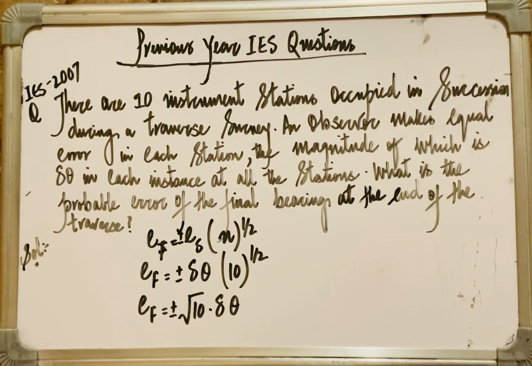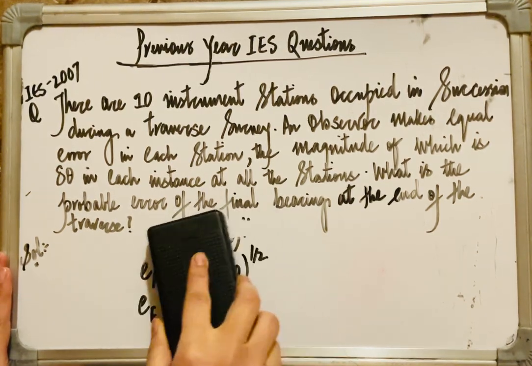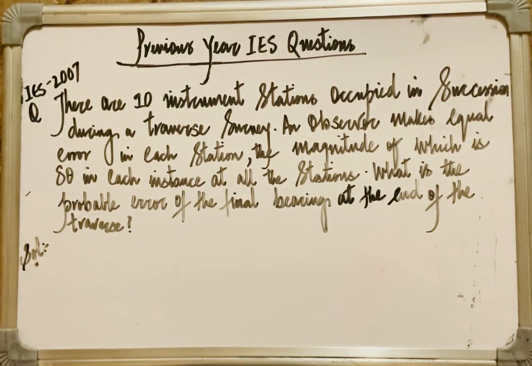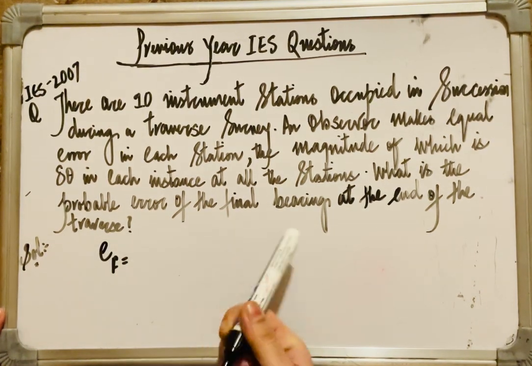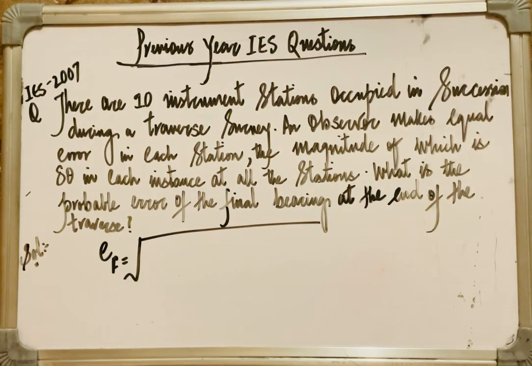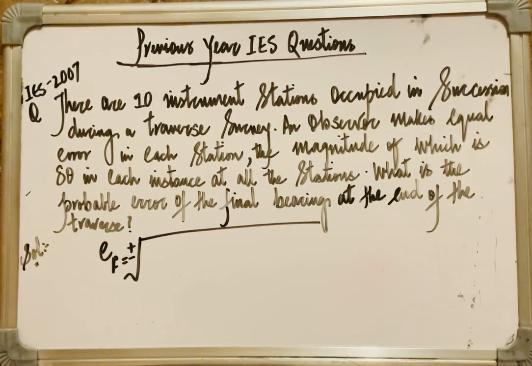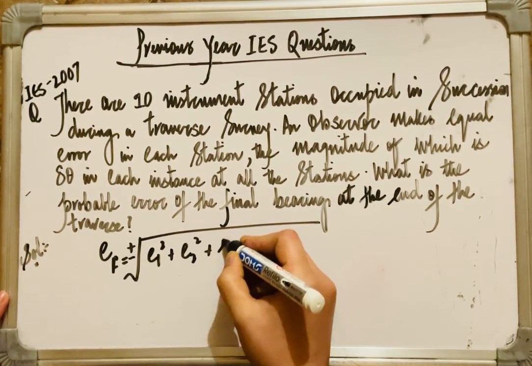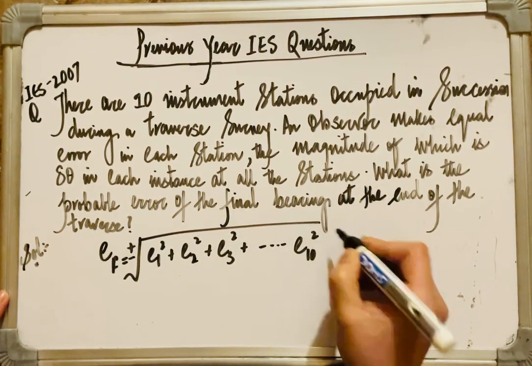Alternatively, I can calculate the result as follows. Since we know that the probable error in the final bearing of the line is equal to the square root of the sum of the squares of the probable errors in each station, that is plus minus the square root of, if I mark each station with the numbers 1 to 10, E1 square plus E2 square plus E3 square, and so on up to E10 square.